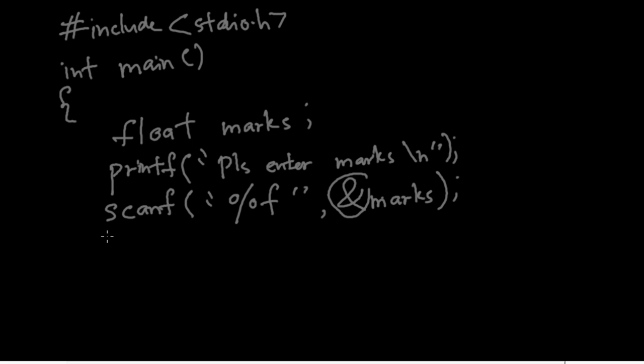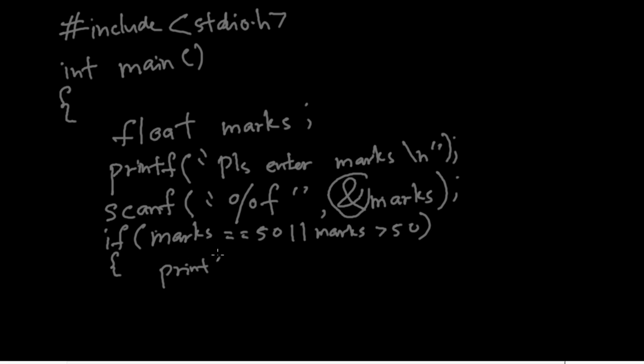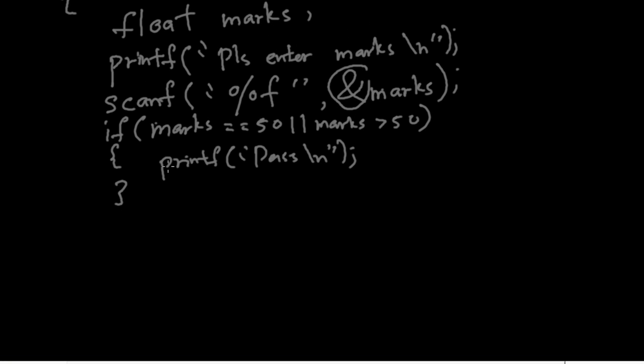Now next, when it receives the marks, it will start to do a decision. So if marks is equal to 50 or marks is greater than 50, printf passed. Now, what happens if the marks is lesser than 50?